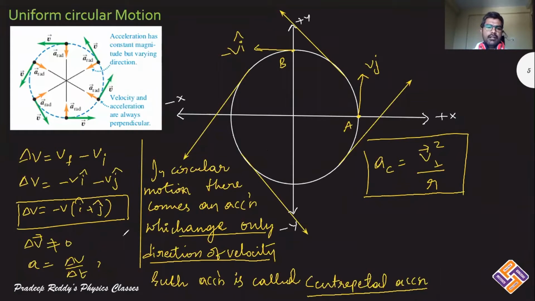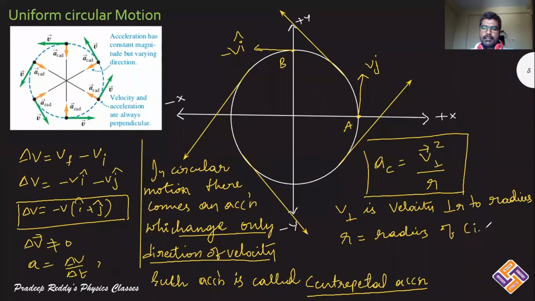So whenever we are dealing with circular motion, there will be one acceleration which is produced, and that acceleration is called centripetal acceleration. The centripetal acceleration equation is A C equal to V perpendicular whole square divided by R, where V perpendicular is velocity perpendicular to the radius, and r is the radius of the circular path.